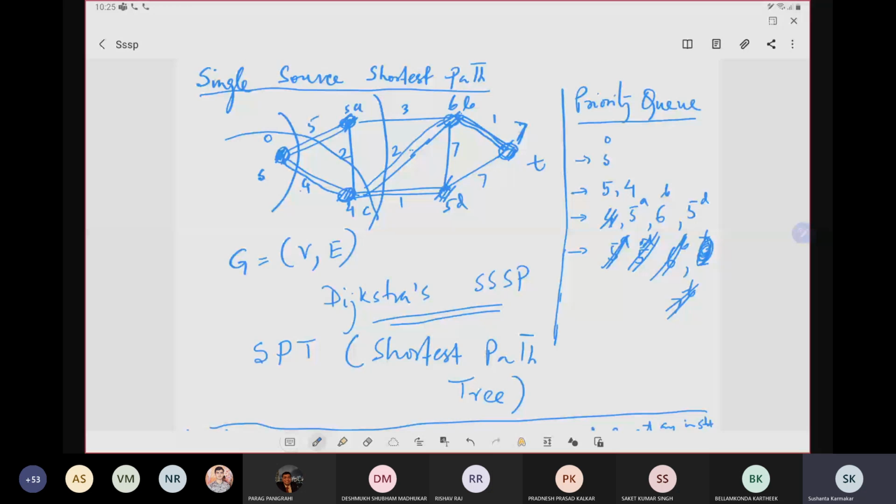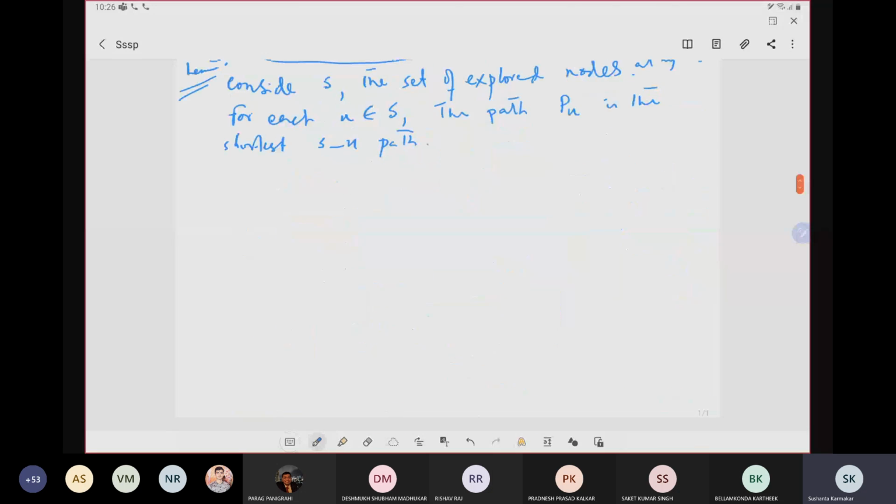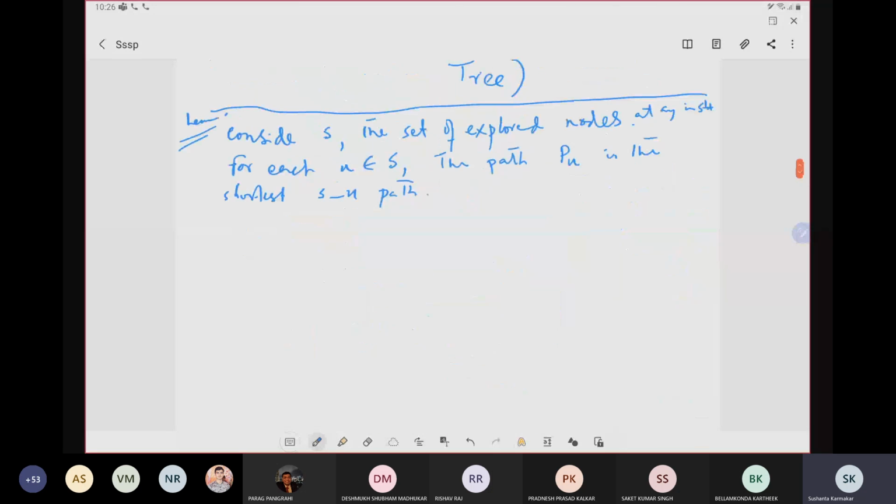So it is as if I create a two-partition kind of thing of the graph, where S is the set of explored nodes and the remaining V minus S is the set of unexplored nodes. And what is the claim? The claim is for any vertex U in S, the path PU, what is PU? PU is the shortest S to U path.